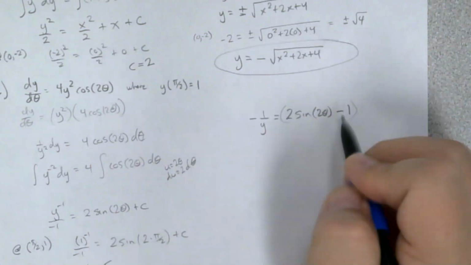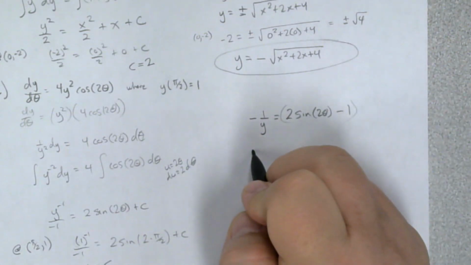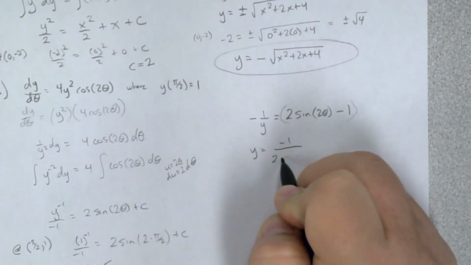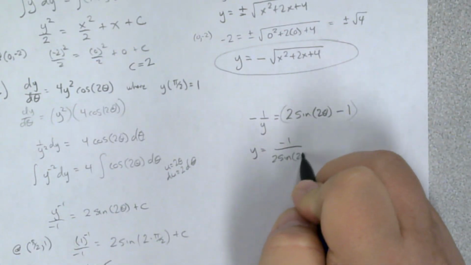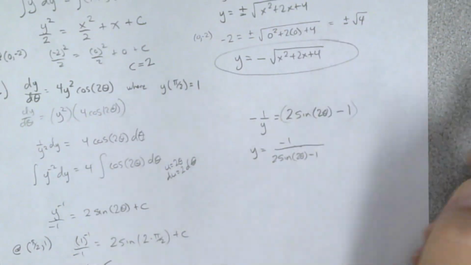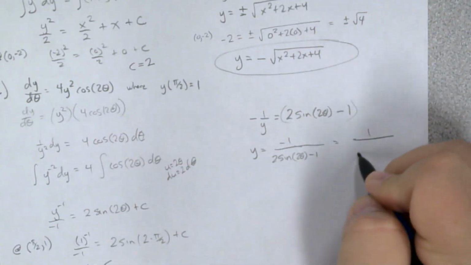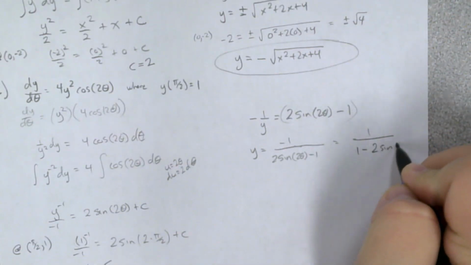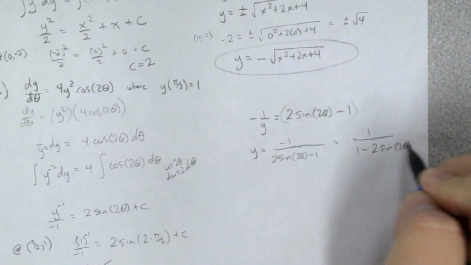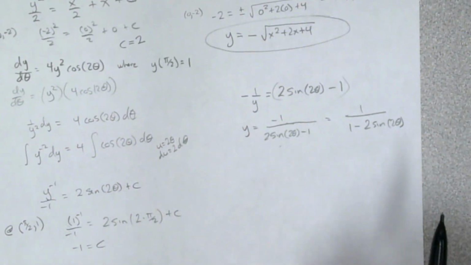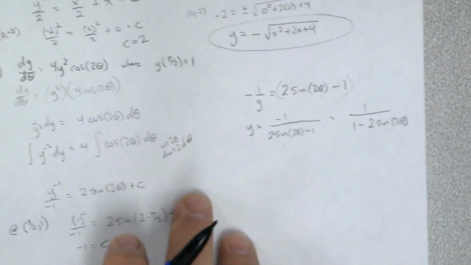Do some cross multiplication and get y equals a negative 1 over 2 times the sine of 2 theta minus 1. And then you can absorb the negative down below, and it could also look like this, 1 minus 2 sine of 2 theta. So it can be either one of those, so just be aware of that. And that would be my answer. Any one of those two answers, whichever choice might be available to you. Okay?